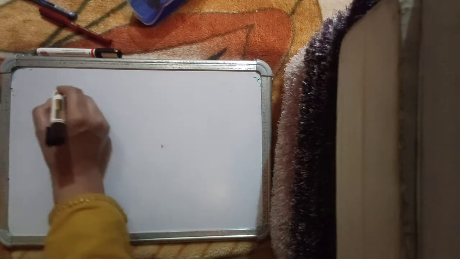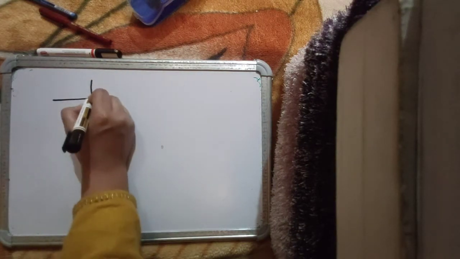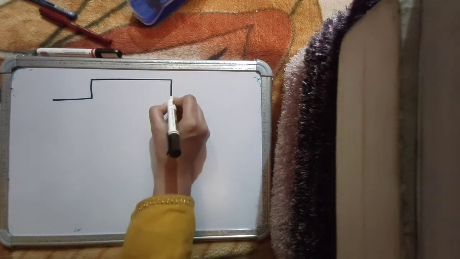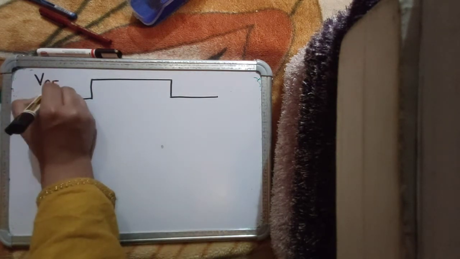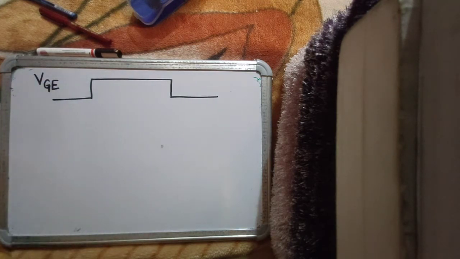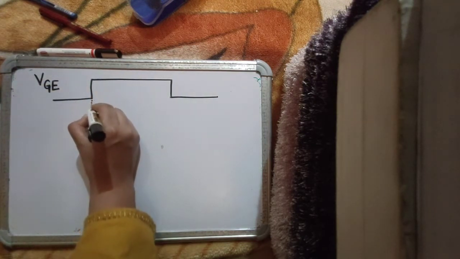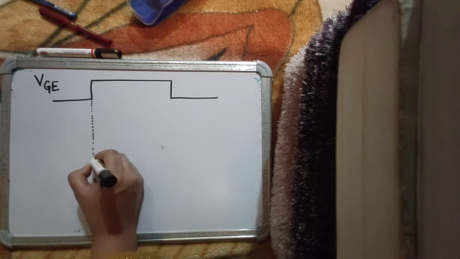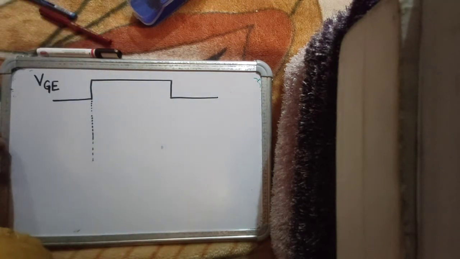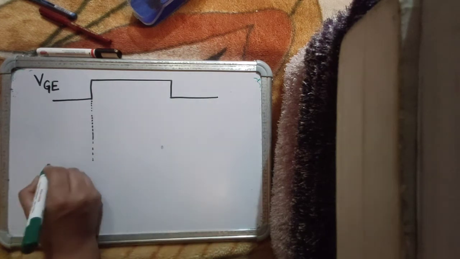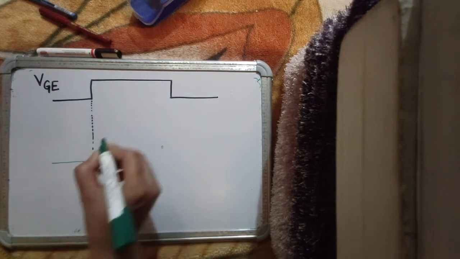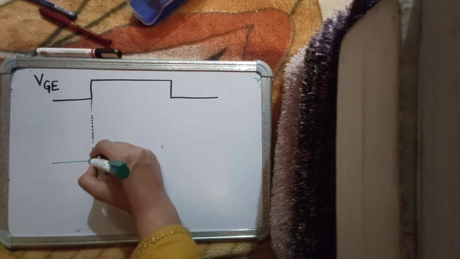So whenever I have to turn a switch on, a fully controlled switch on, I issue a gate pulse between its gate emitter terminals, something like this. So this is between V, G and E. Now what we know so far from our previous lectures is that as soon as the gating pulse is issued, the very same time the current through the device starts increasing.